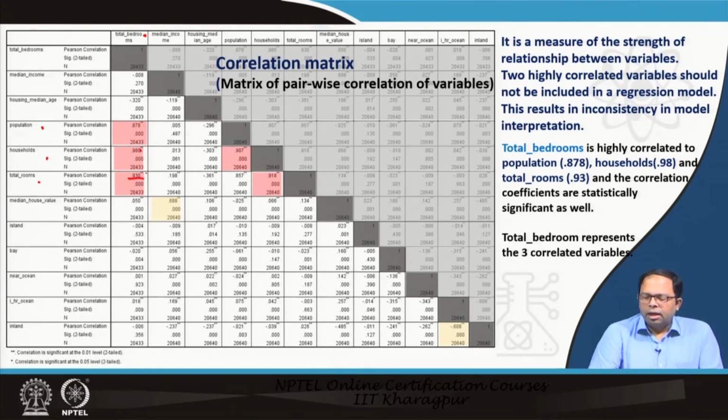With population it is 0.878, households 0.98, total rooms 0.93, so we do not need to take all of them. Similarly, we have high correlation between households and population as well, and again total rooms and households. That is why this helps us decide which variables to include in the model, and it is a more efficient way to build a model.